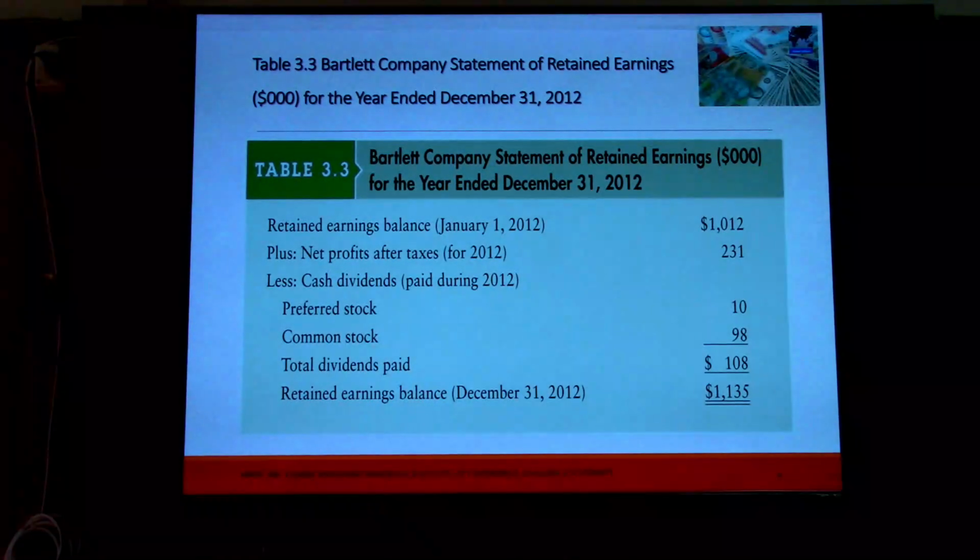The remaining part, 1,012 plus 231 minus 108, gives us our retained earnings balance, which is 1,135. The previous financial statements are very important for calculating the financial ratios.